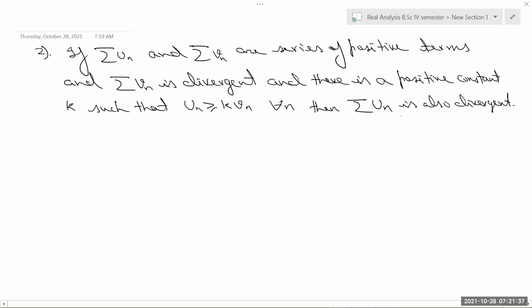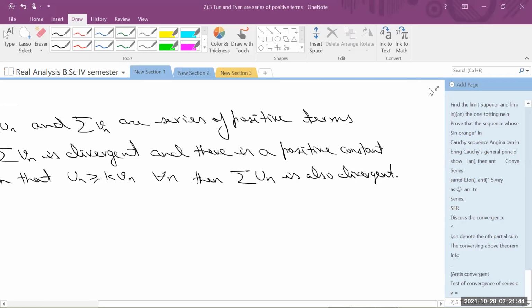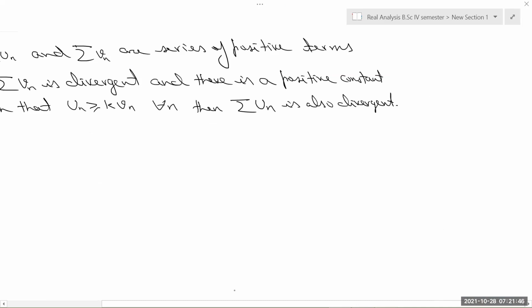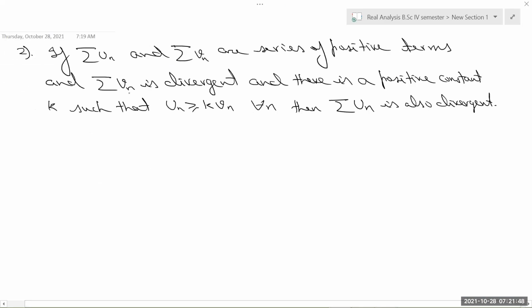So the proof is on the same pattern. If these two series of positive terms are given and suppose they are satisfying this relation, that each of the Un is greater than or equal to k times Vn for every n, and if this series Vn is divergent, then Un has to diverge.